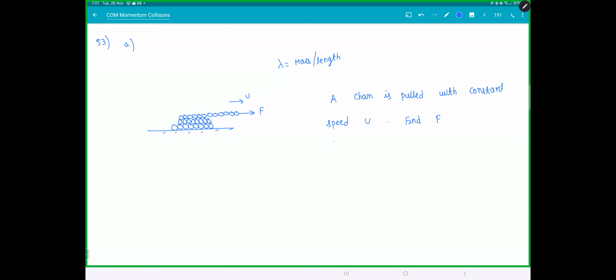Find F. Neglect any gravity. So someone is pulling the chain out of the heap. Initially, the chain is stationary and you're pulling it from the heap. Find that force.